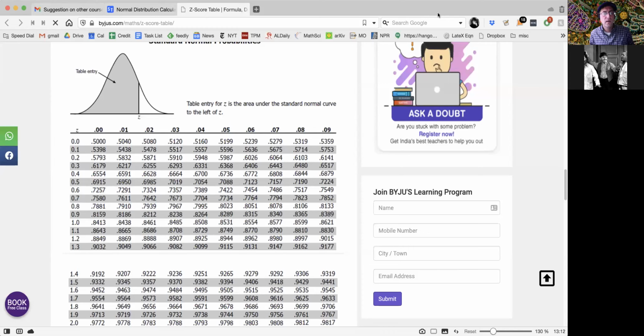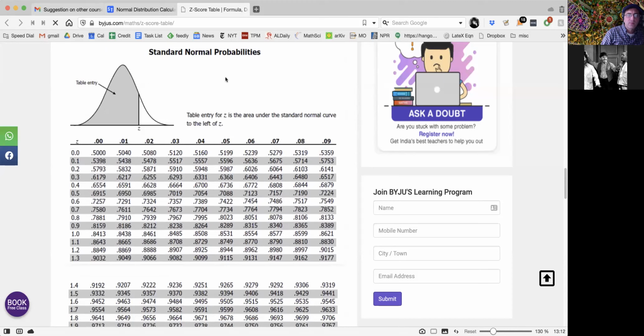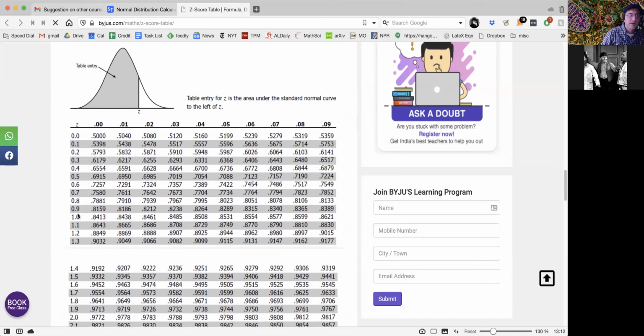What you're looking at here is some web page which has a standard normal probability table of the region to the left of the variable z, and this is computing the table entry. So for example, if I want to look at about 1/3, that's 0.33. Everything to the left of 0.33 is 0.6293 according to the table.